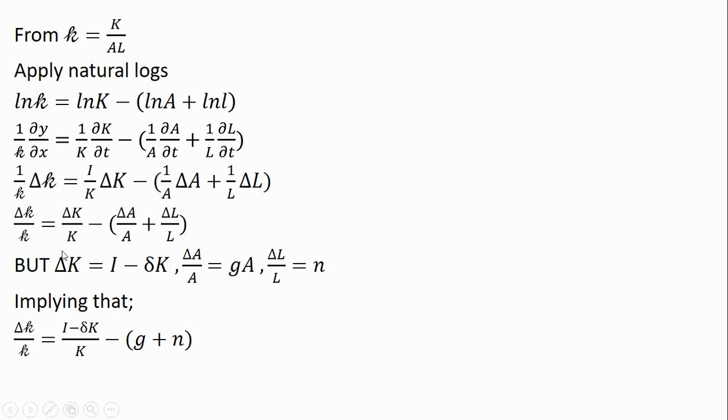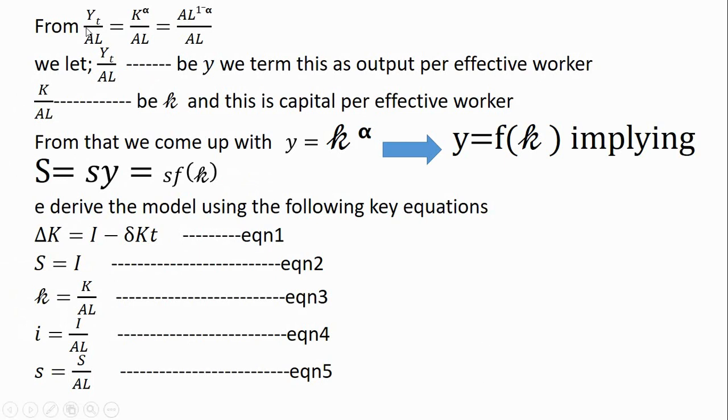Remember, when you were looking at the key equations that I told you about, we said that our first equation was the capital accumulation equation, and it shows that our change in k is defined as I minus sigma kt.